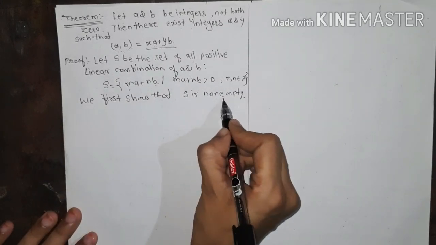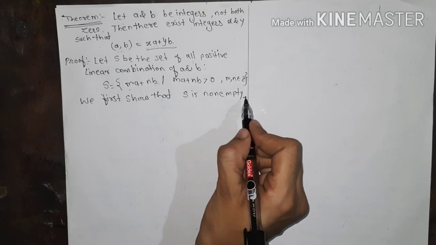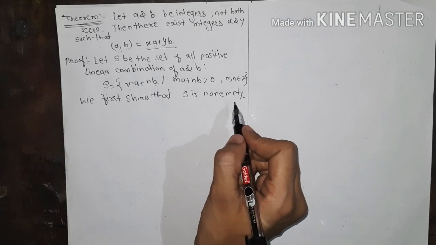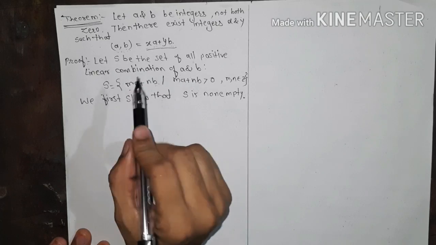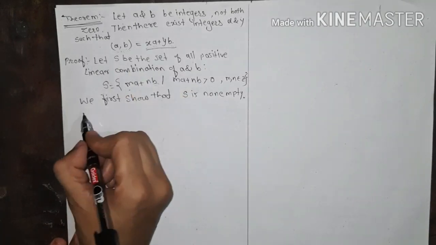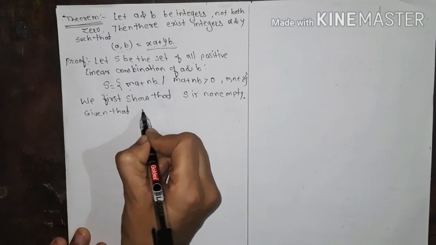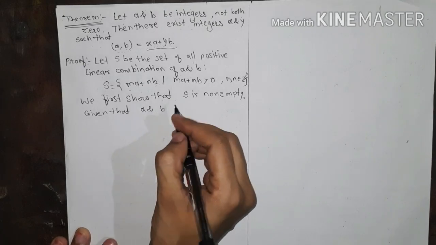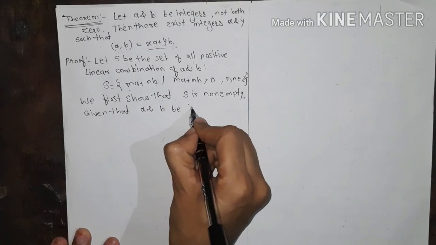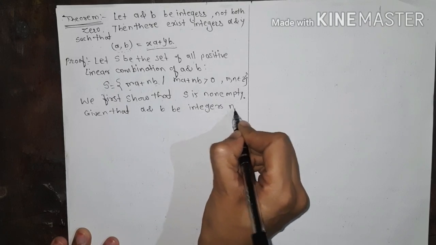To show that S is non-empty, we have to take an element of S. We are given that A and B be integers, not both 0.